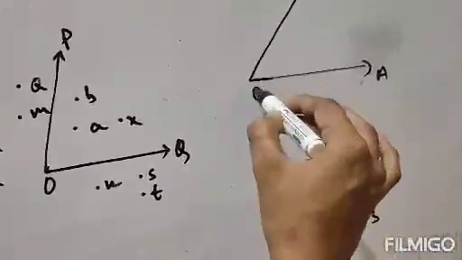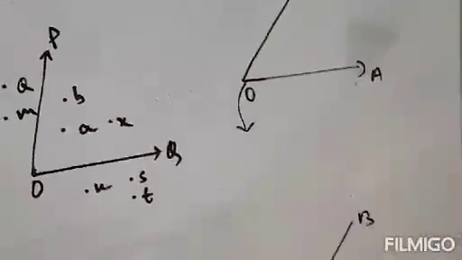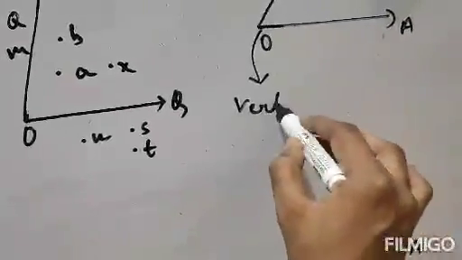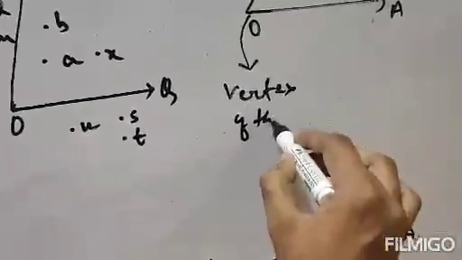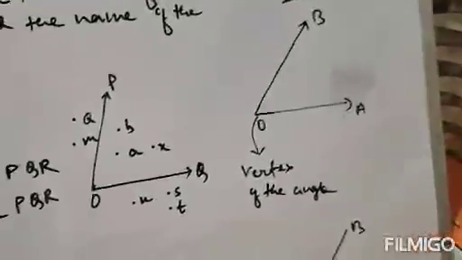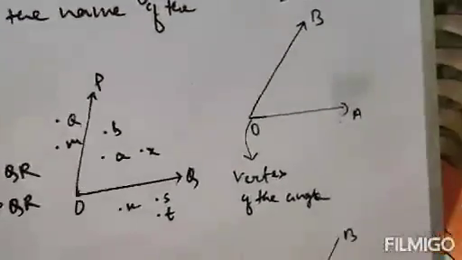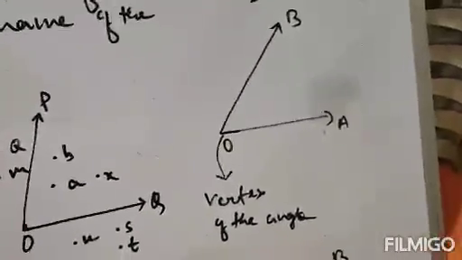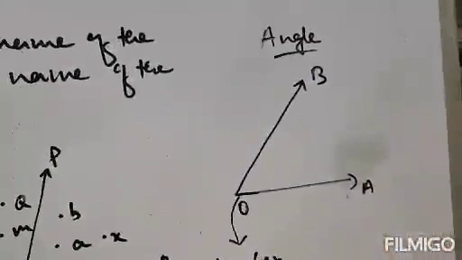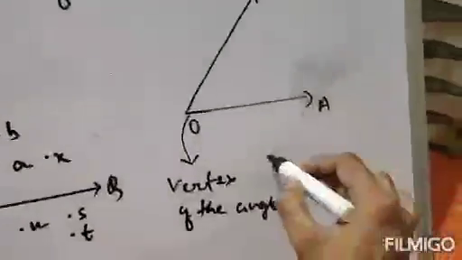This point O is called the vertex of the angle. And the rays OA and OB are called the sides or arms of the angle.